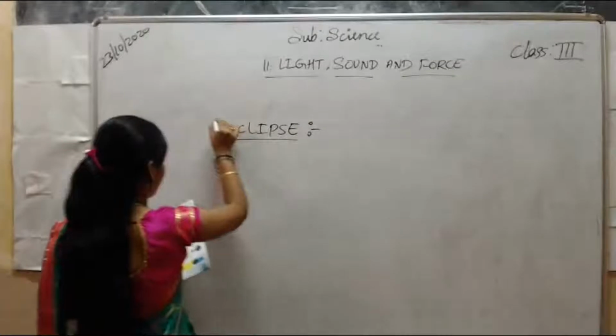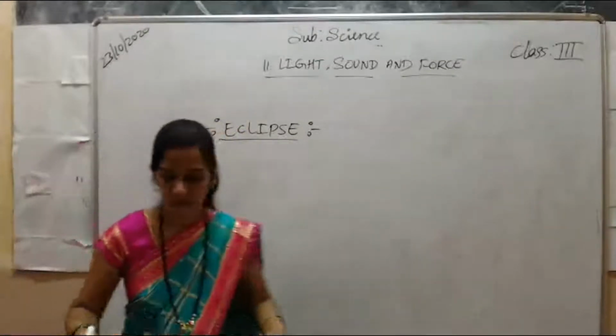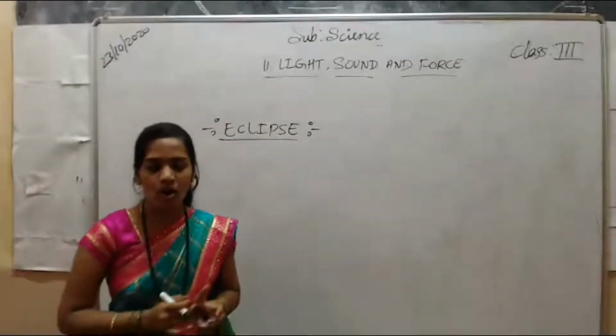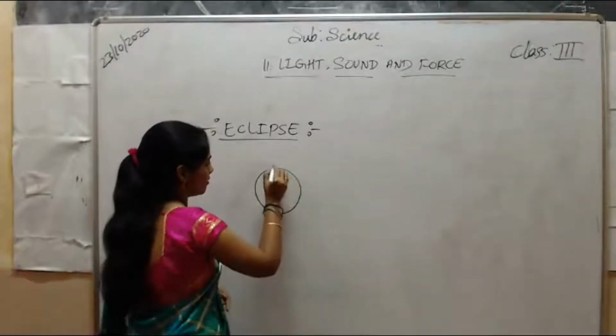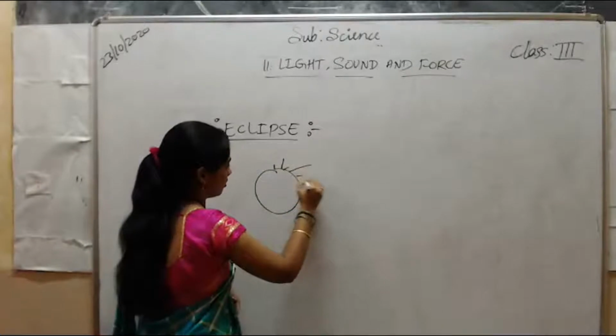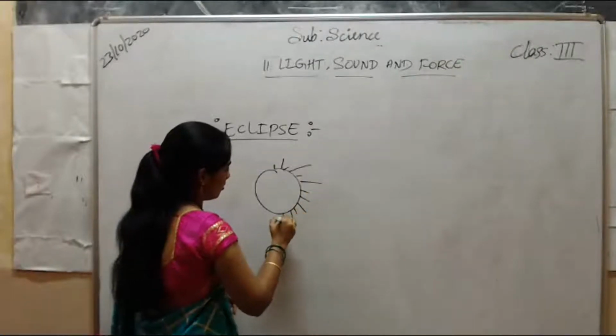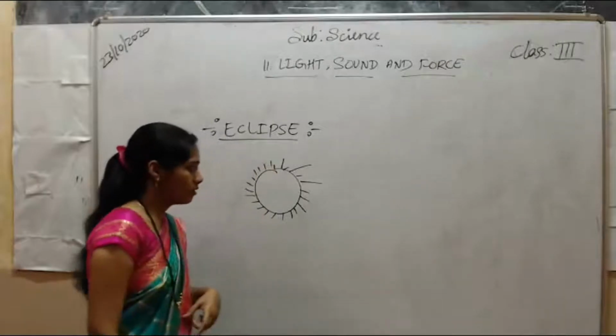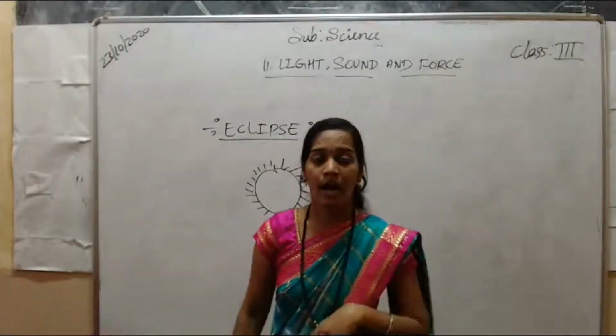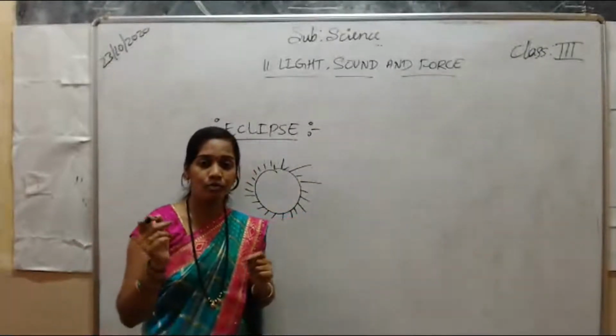So what does eclipse mean? Students, all of you know what this is. This is the sun, and around the sun the earth moves.